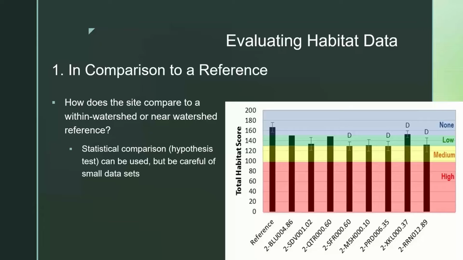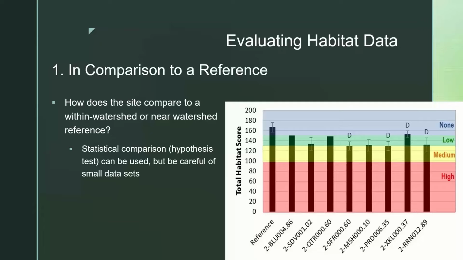A lot of times we want to look first just at total habitat scores. There are 10 different metrics within that habitat assessment, and we can add up those scores to look at total habitat scores. But then later we'll also look at the individual metrics themselves. For total habitat scores, we can compare across sites, and we can compare with a reference station as well.